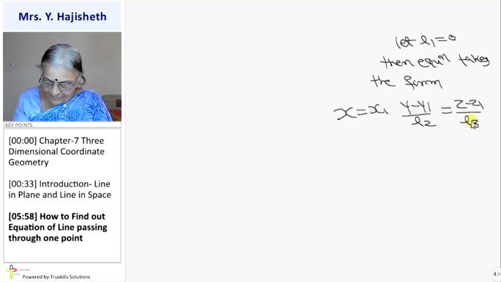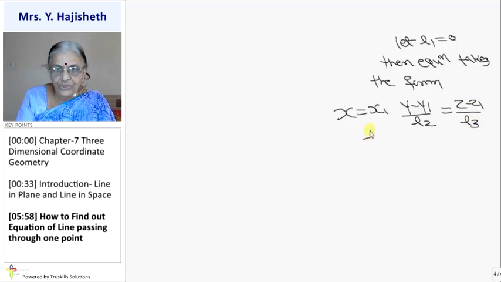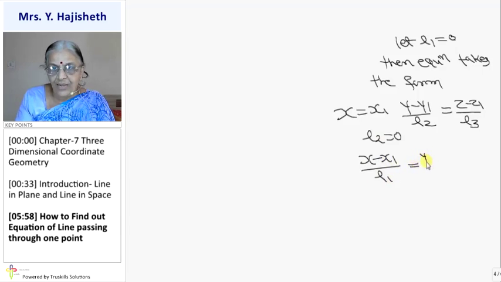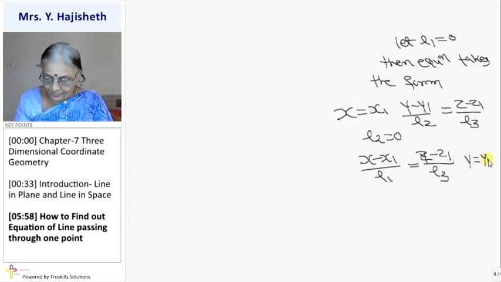This is the Cartesian equation. Suppose l2 is 0. Then the equation will be (x minus x1) upon l1 equals (z minus z1) upon l3, and here we write y is y1.